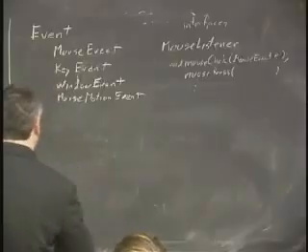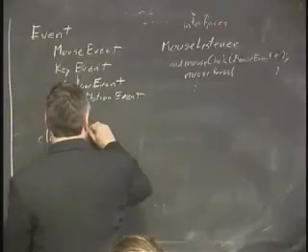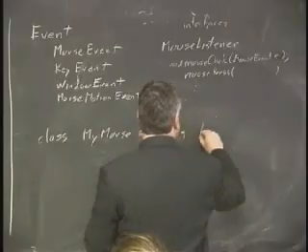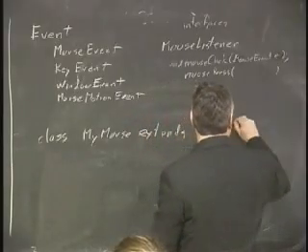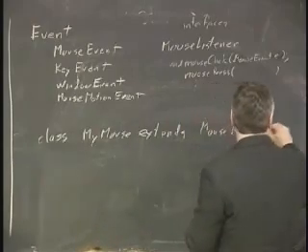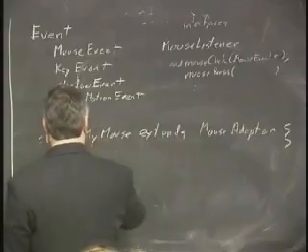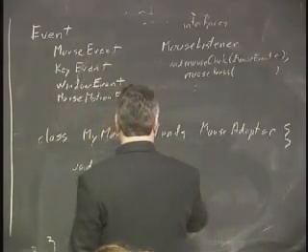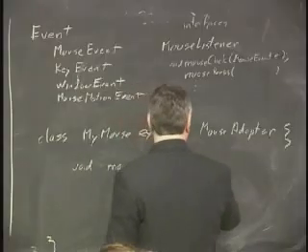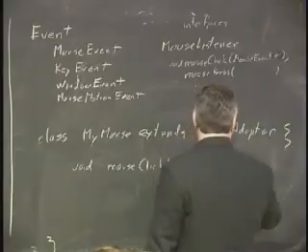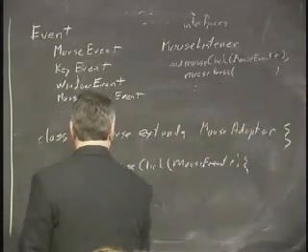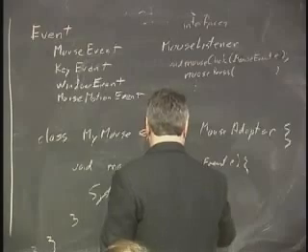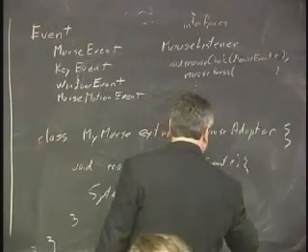The beauty of this is that you can extend it and only override the ones you want. For example, you could do class myMouse extends mouse adapter, and then write void mouse click, mouse event, system.out.println, hi there.